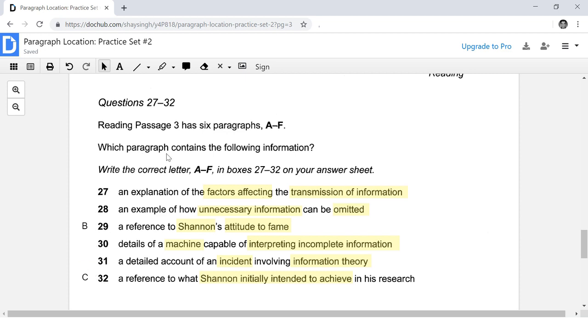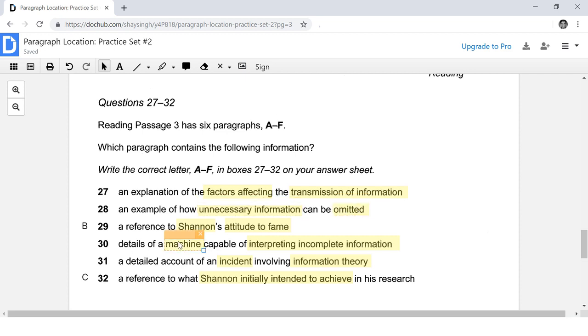I'm just going to take a second look here at my keywords, and I'm going to have these keywords in the back of my mind so that I can see which information correlates with which paragraph. So I'm looking for factors affecting the transmission of information. I'm also looking for an example of how unnecessary information can be removed.